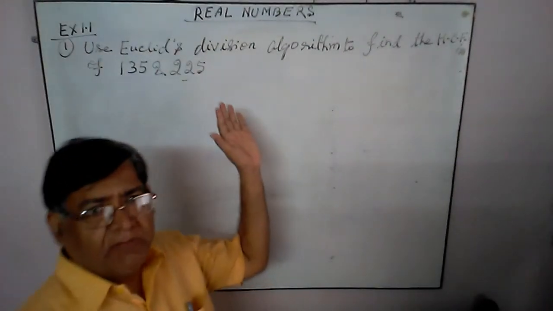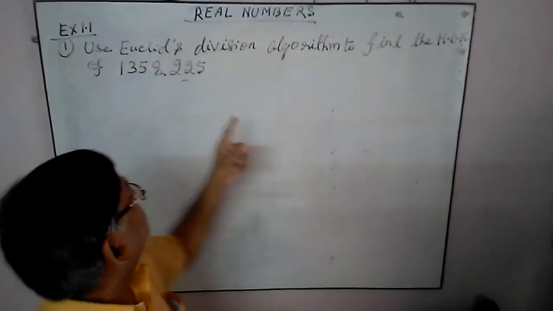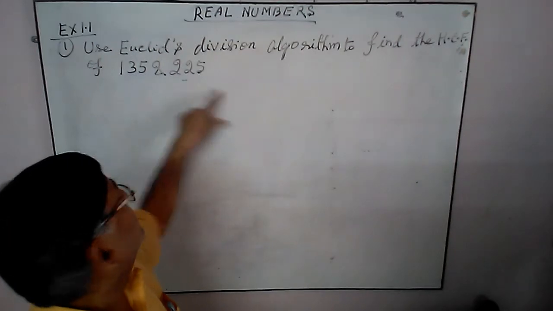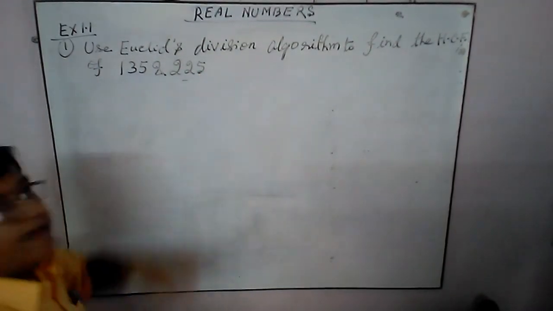So here we will solve this. Obviously, the smaller number is 135 and the bigger number is 225. So we will start dividing 225 by 135.